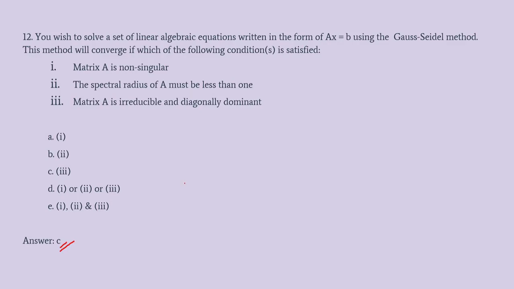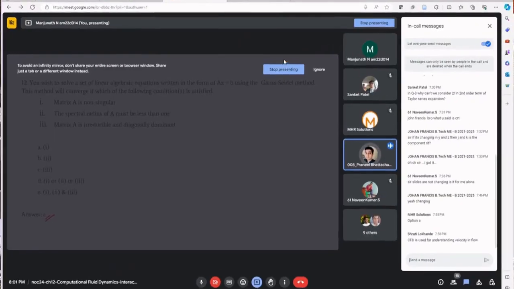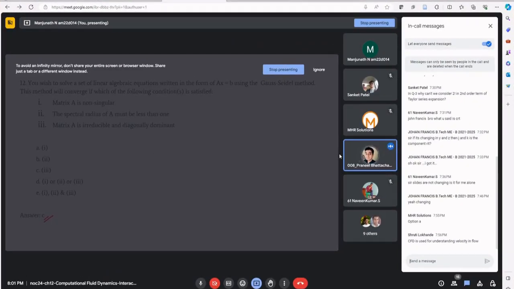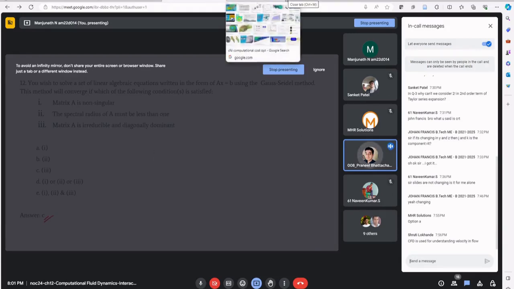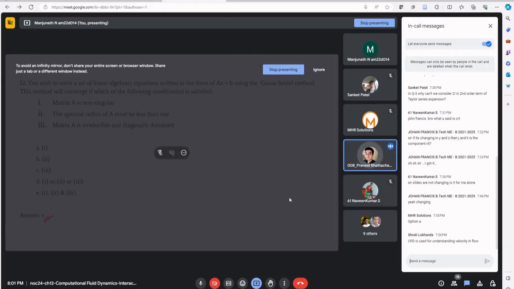Okay, so basically, when we use any matrix method, be it Gauss-Seidel or Gauss elimination, whatever be the method, first of all, we need to know if all those equations which we are solving using the matrix method are linearly independent. A criteria to test for linear independence is that the matrix should be irreducible.